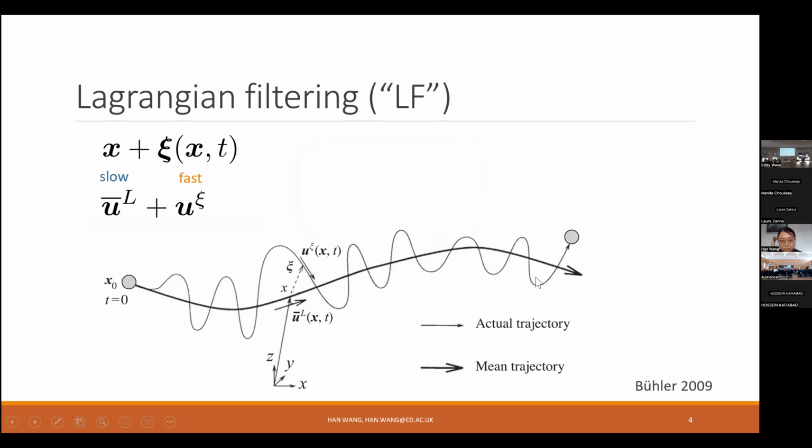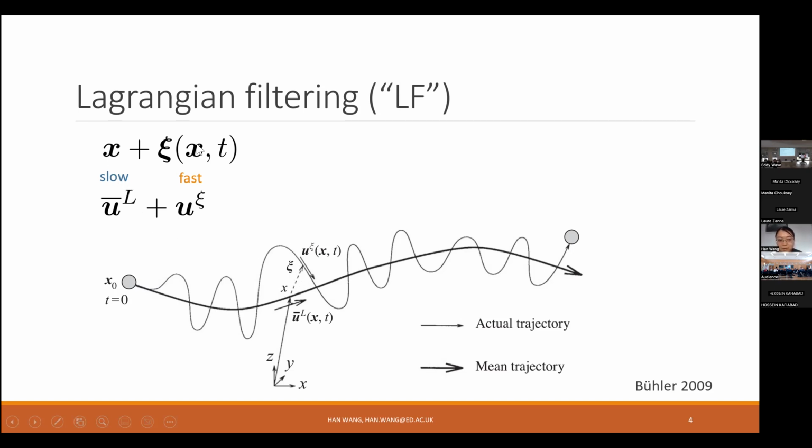And the temporal operation we'll do on the drifter observations is going to follow the Lagrangian filter framework. It can be illustrated in the following. Suppose we have a particle whose trajectory looks like this. In our case, it could be the trajectory of a surface drifter. Then we can filter the trajectory into a mean and a perturbation component. The mean trajectory is plotted in the thick line here, and the perturbation is this excursion.